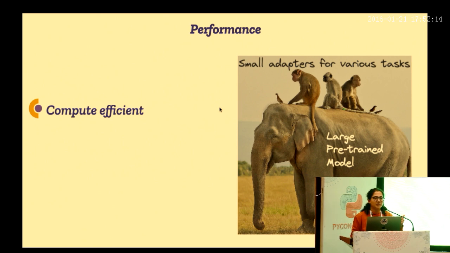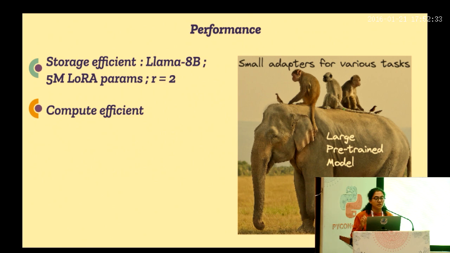We already discussed that it's compute efficient, which means you are only fine-tuning a few parameters. For the training process itself, for every parameter you need 4x space to save the gradients, moments, etc. Because you're dealing with fewer parameters, it's compute efficient. It's also storage efficient.